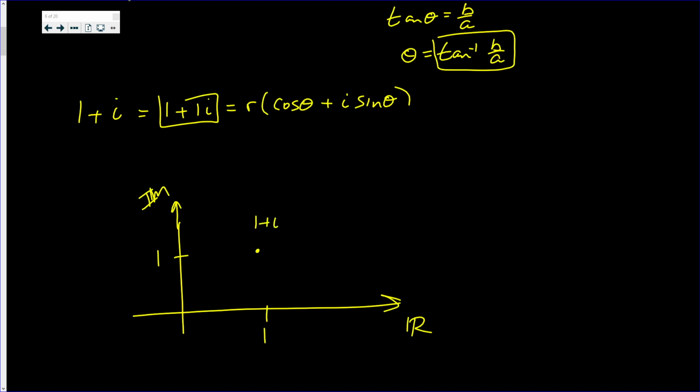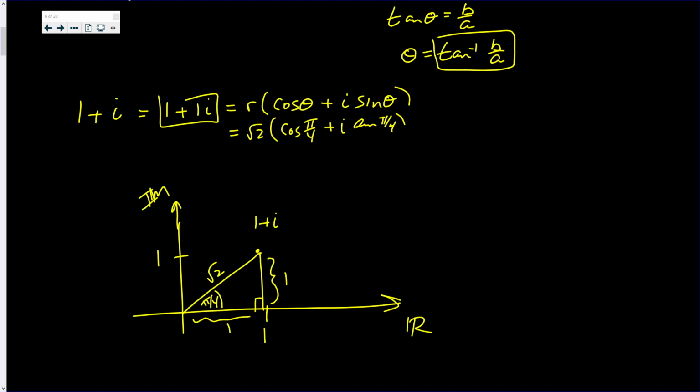This is 1 plus 1i. Well, if this distance is 1 and that distance is 1, we know that that's square root of 2. And we even know that this is a 45-degree angle, pi over 4. How convenient. So we know r is square root of 2, and the angle is pi over 4.